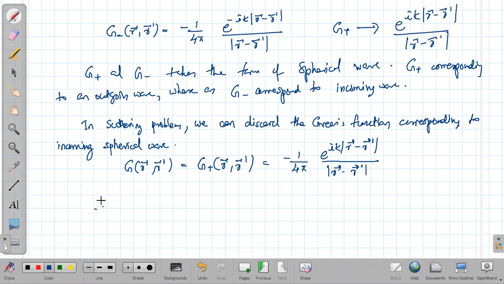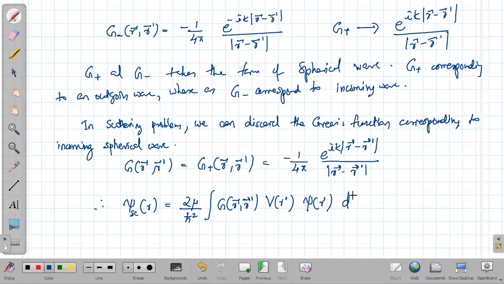So finally we have got the expression for the scattering wave. Therefore, the scattering wave function would be 2 mu upon h bar square integral G(r, r') V(r') psi(r') d tau'.